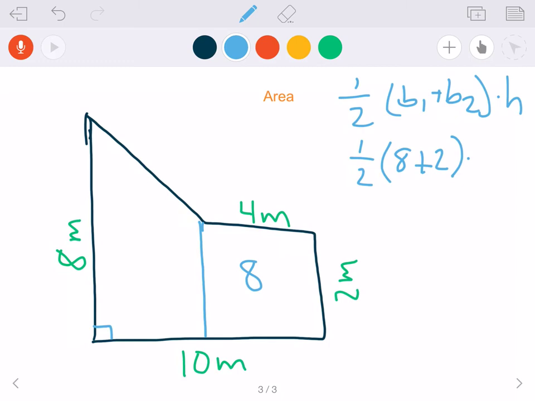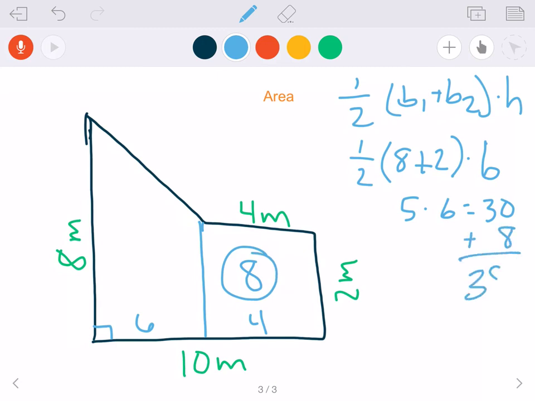And my height I can get from taking 10, and I need to take 4 off of that because this length here is 4. So 10 minus 4 is 6, so my height is 6. Half of 10 is 5, so 8 plus 2 is 10, half of 10 is 5. 5 times 6 equals 30. We would want to take that other area, which was 8, and add it to there to get 38. So that's one way we could do it.